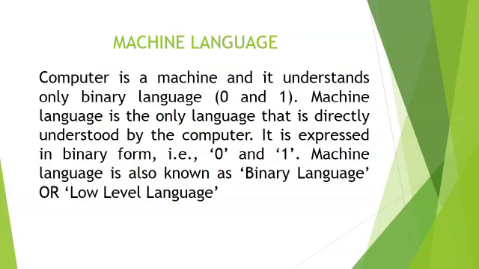Whatever input we give to the computer, that is in the form of English. But the computer does not understand that English language. It converts that English language into binary form and then generates the information which gives you the output.